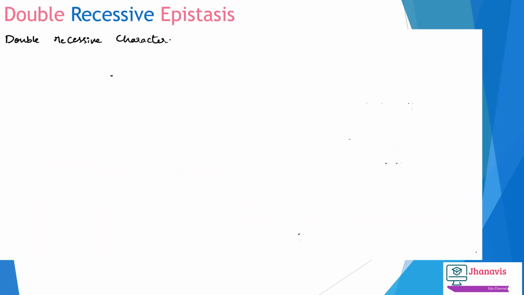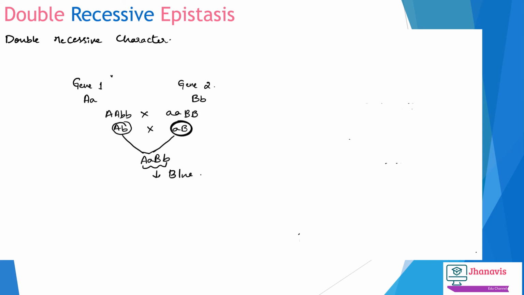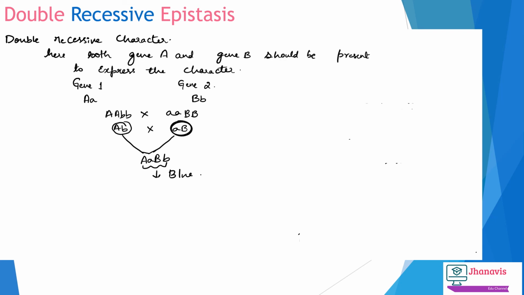Now we will learn about double recessive or duplicate recessive epistasis. Here two genes are responsible, gene A and gene B. Gene A is capital A, small a and gene B is capital B, small b. So two genes are responsible, gene A and gene B should be present to express its character and they are codependent on each other.